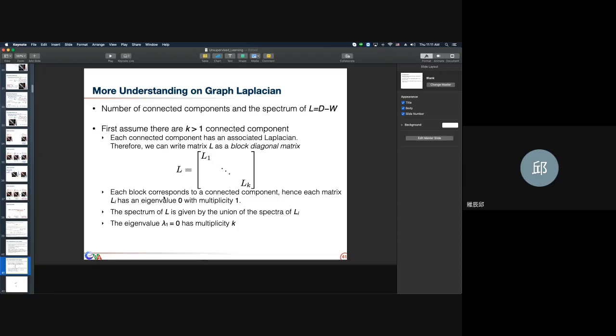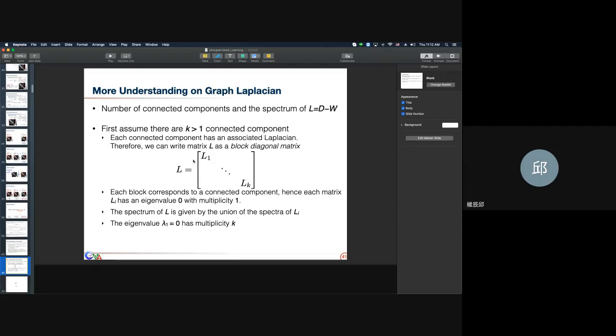So the L matrix is now having k eigenvalues equal to zero. I hope you can see this from your understanding of linear algebra.